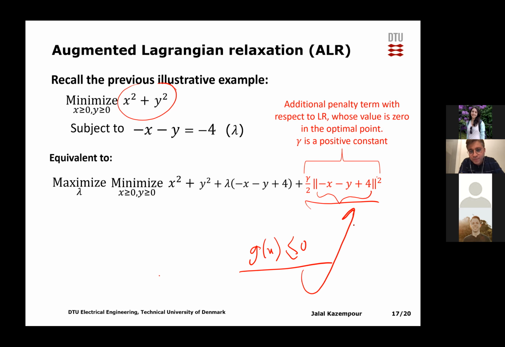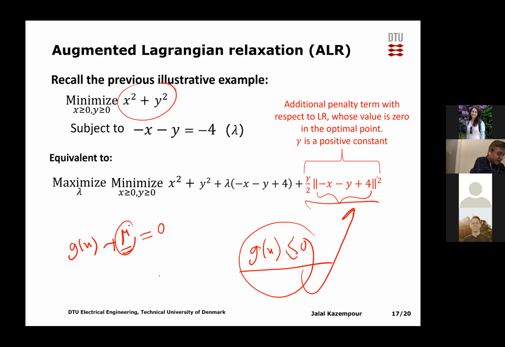Not anymore. No, that's the point. If we have an inequality constraint, my understanding, we cannot directly use ADMM. We need to add slack variables to the original problem. Let's say plus mu, which is a slack variable, is now equal to 0.